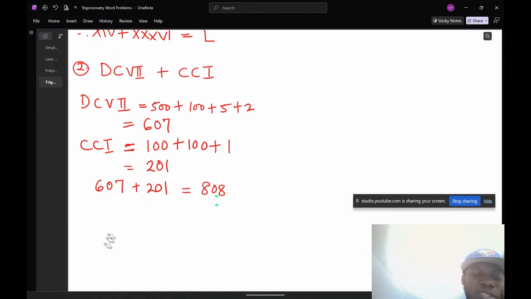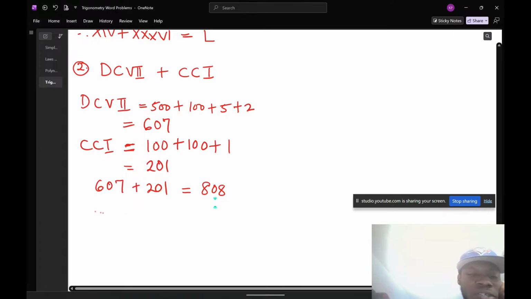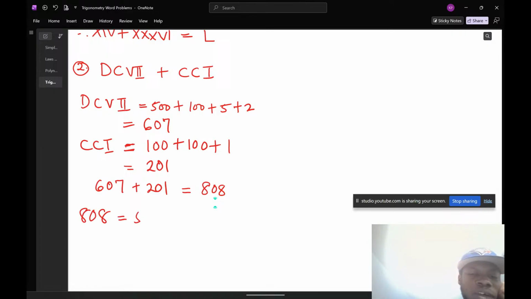Let's write it as 500 plus 100 plus 100 plus 100 plus 5 plus 3. 500 is D.